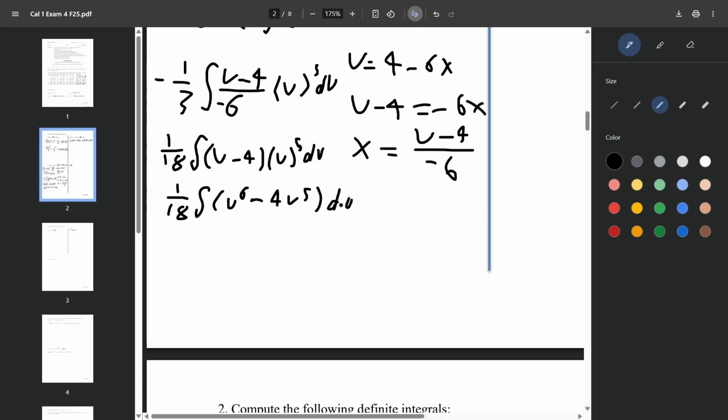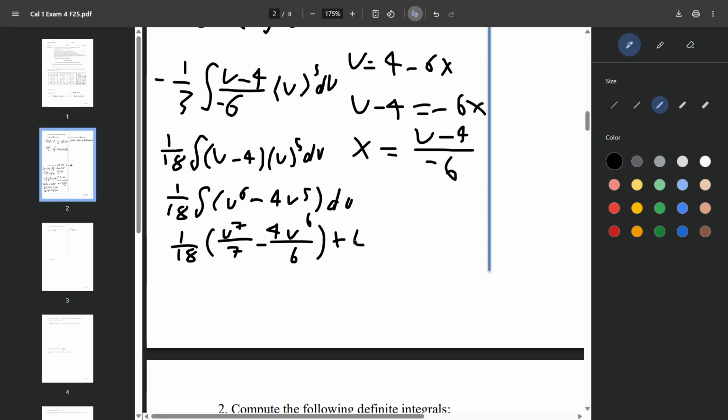And now we take our integral of this. So we will have 1/18 of u to the 7th over 7 minus 4 u to the 6th divided by 6 plus c.